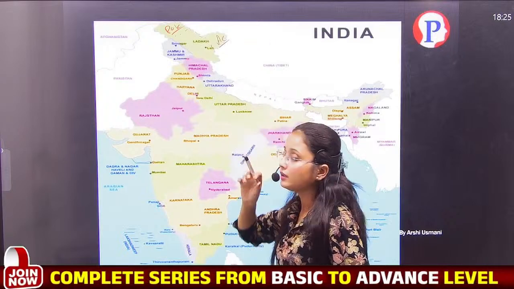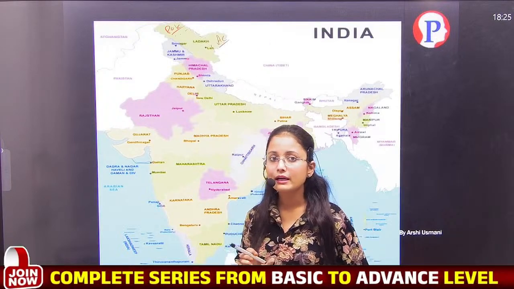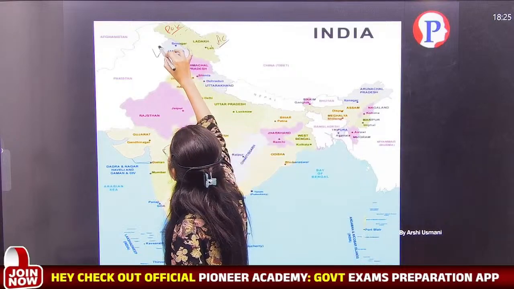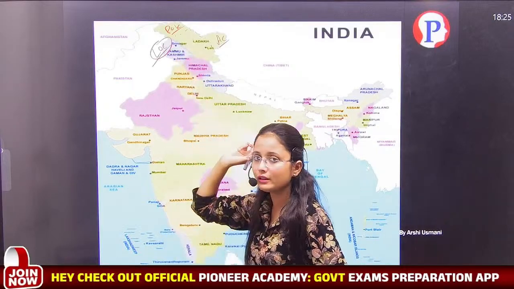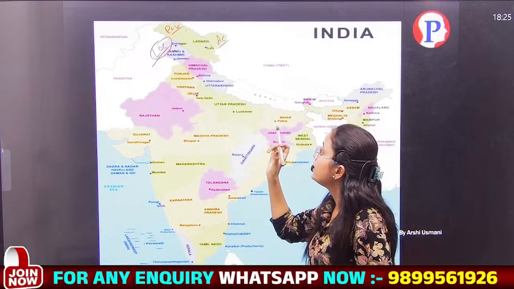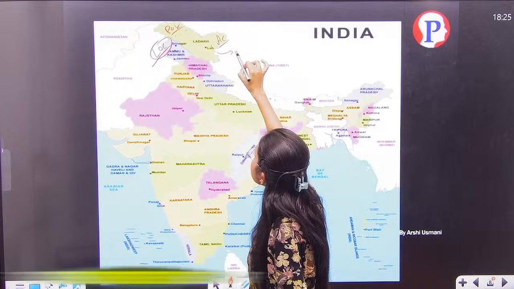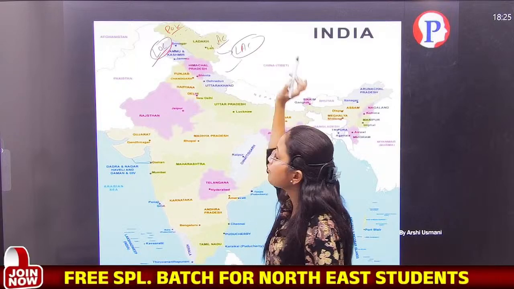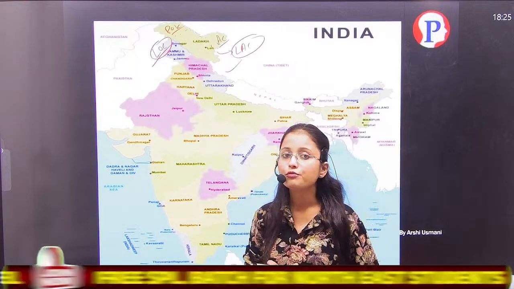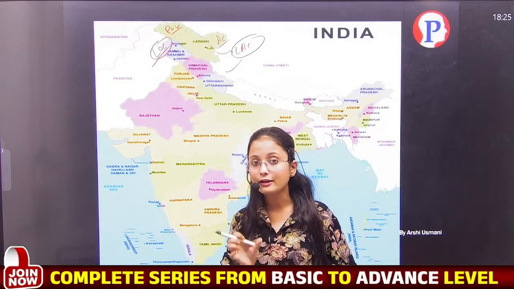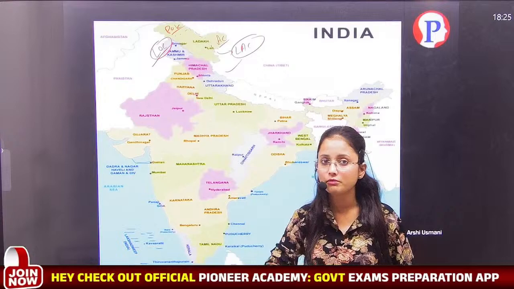The boundary line between POK and Ladakh is called LOC, that means line of control. The line between Aksai Chin and Ladakh is called LAC, that means line of actual control.